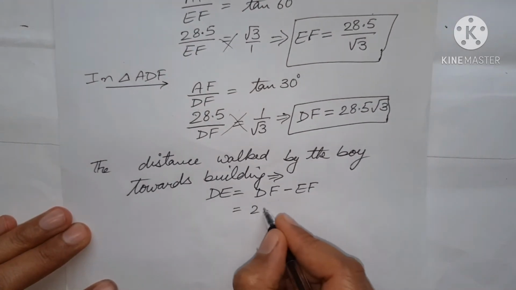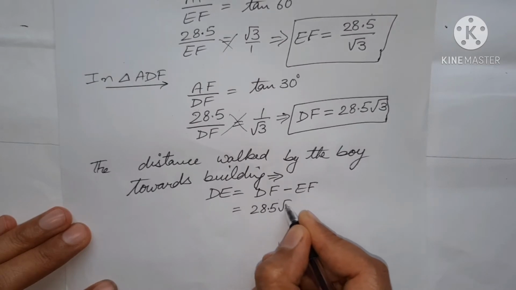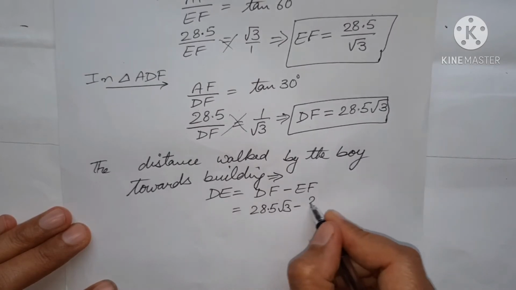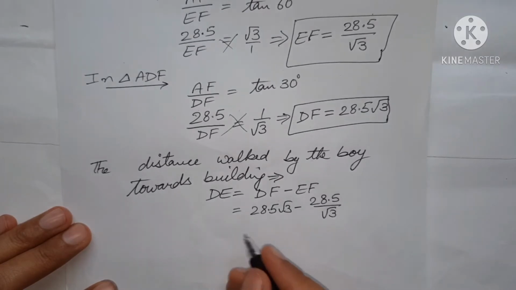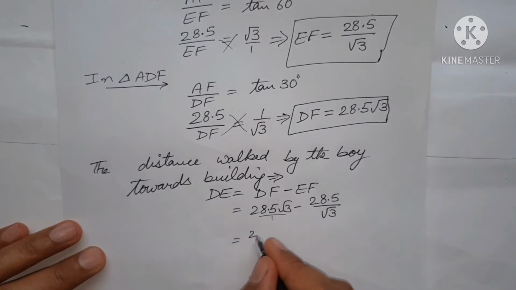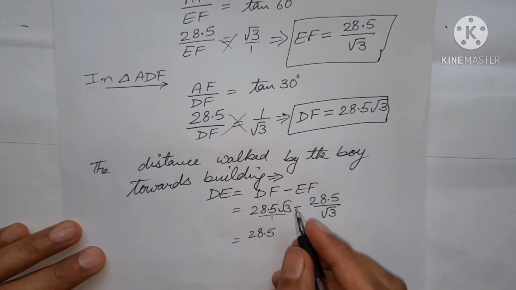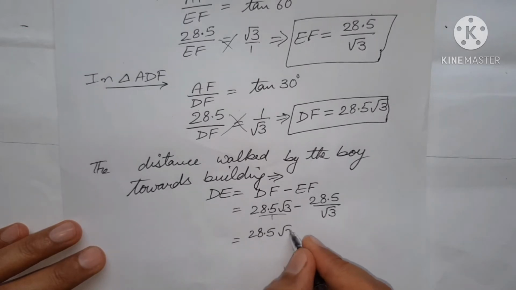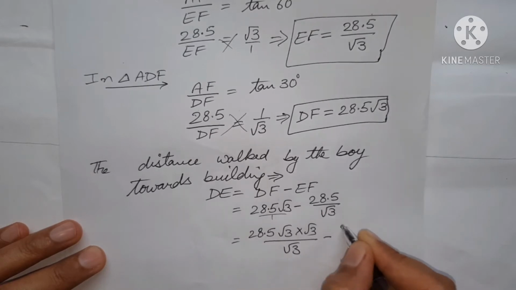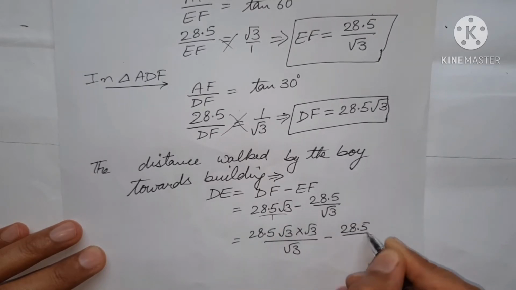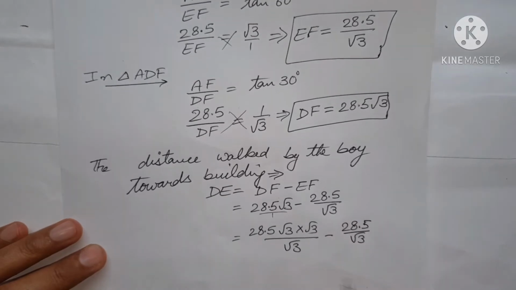So DF is 28.5 root 3 minus EF is 28.5 upon root 3. So we will take LCM, 28.5 root 3 into root 3 upon root 3 minus 28.5 upon root 3.